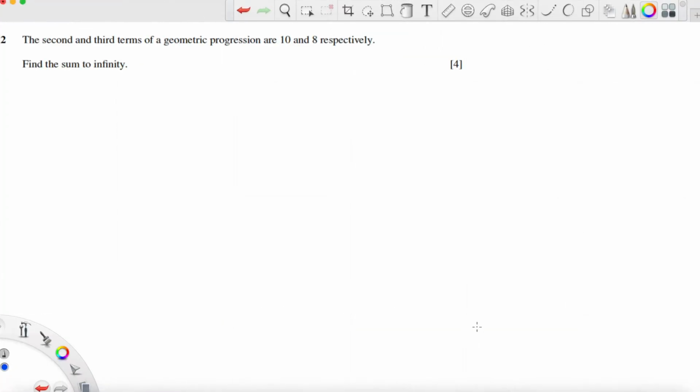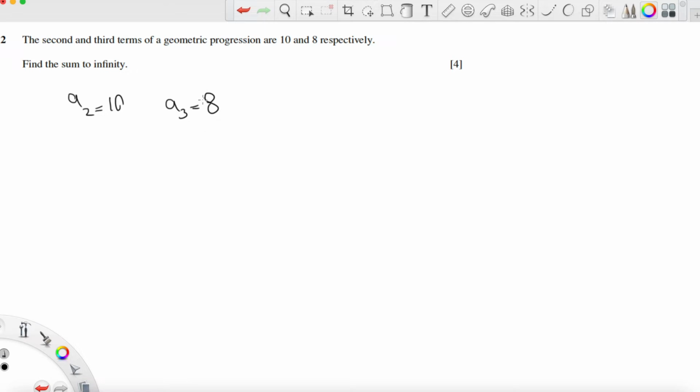Question number 2. The second and third terms of a geometric progression are 10 and 8 respectively. Find the sum to infinity. The second term is 10 and the third term is 8.